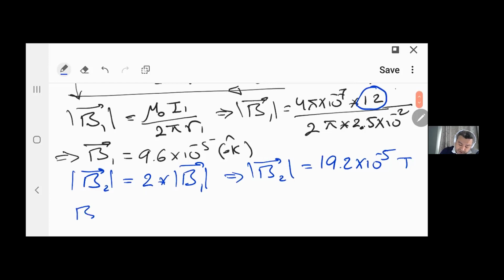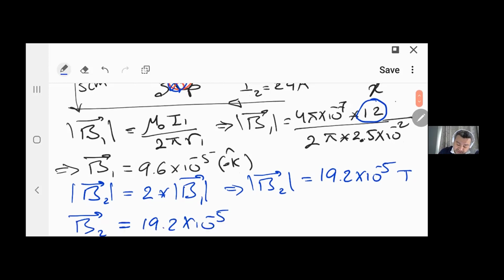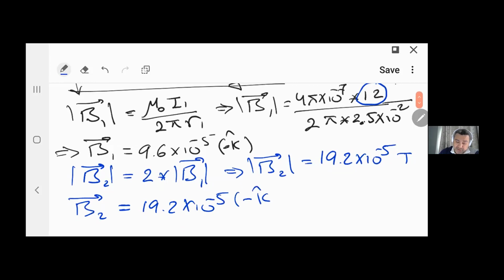And we said that B2 as a vector equals 19.2 10 to the power minus 5, and the direction again based on the right hand rule, going from the right to the left, then it will be curling into the screen. So this one would be minus k hat as well.